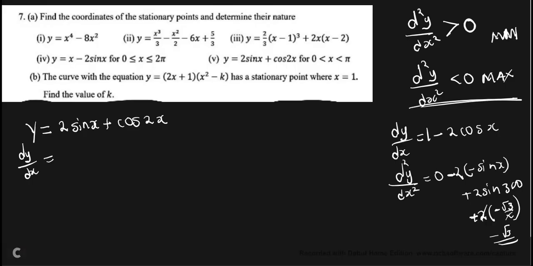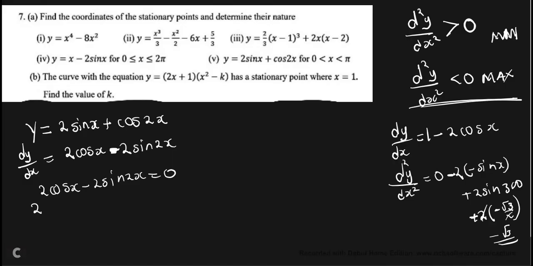When you differentiate that, it becomes 2 cos x, then negative 2 sine 2x. Equate it to 0. So 2 cos x minus 2 sine 2x equals 0.